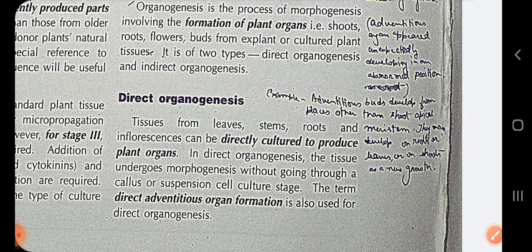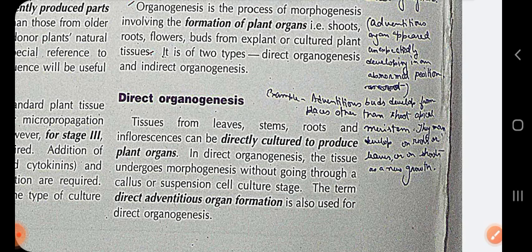So it says that tissues from the leaves, stems, roots, and inflorescence part of the plant can directly be cultured to produce the plant organs. In direct organogenesis, the tissues undergo morphogenesis without going through callus or suspension cell culture stage. So there will be no callus formation.